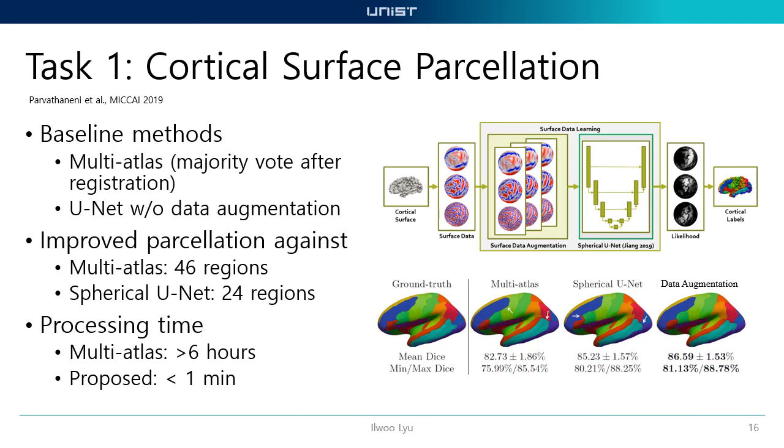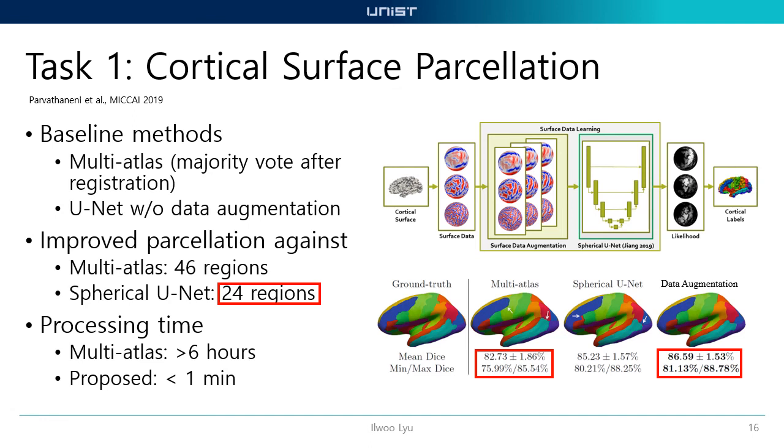If you look at the parcellation result against multi-atlas, we have 46 regions out of 49 improved. But we didn't find any regions with worse performance than the multi-atlas approach. And even against spherical U-Net, our approach improved about half of the regions.